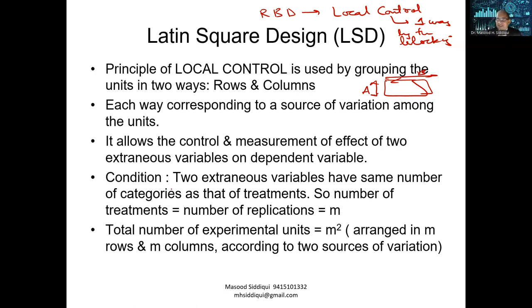But the only condition is that the two extraneous variables have the same number of categories. Means if A has M categories, that is I varies from 1 to M, then B must have M categories only, that is J from 1 to M. So the two extraneous variables have the same number of categories and they are equal to the number of treatments.